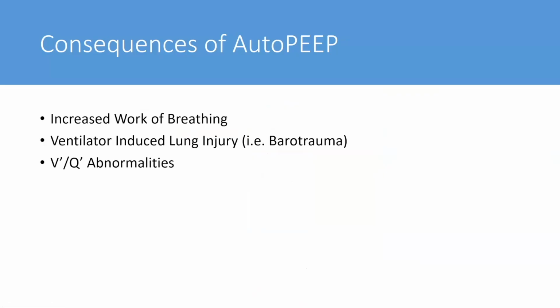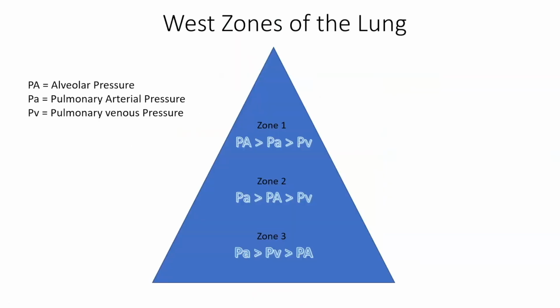VQ abnormalities. When you think about ventilation perfusion abnormalities, what comes to mind is thinking about West zones of the lungs. So the alveolar pressure is progressively rising because of incomplete exhalation and enlarged end expiratory lung volumes that incur larger end alveolar pressures.